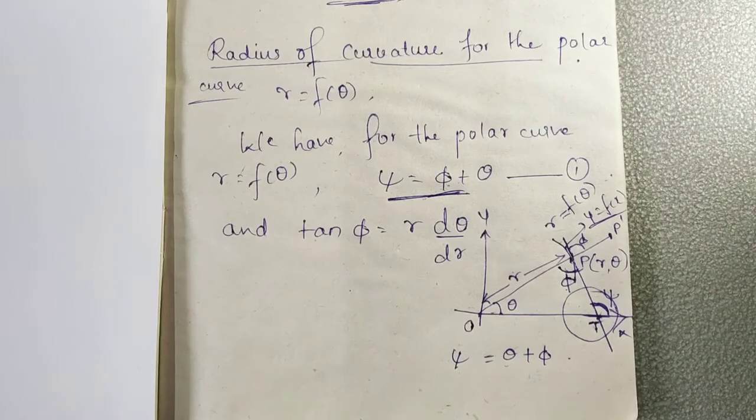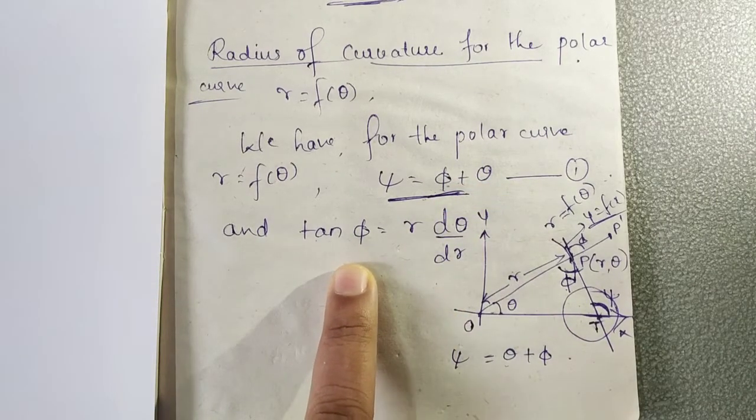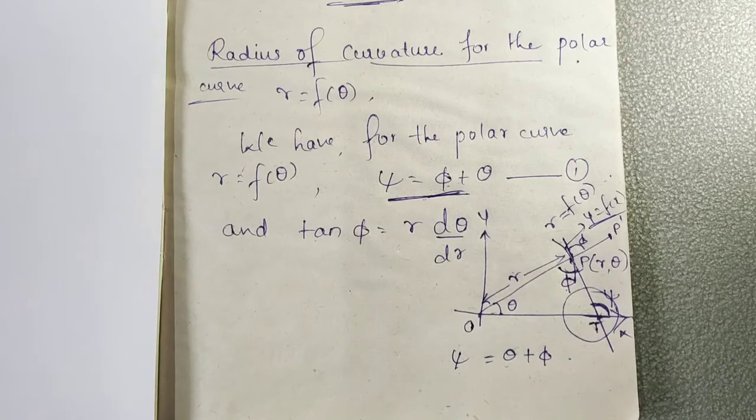Okay. By using this identity, we find the value of tan phi, which is r into d theta by dr. For information only I have given. No need to derive all these in the case of derivation for your examination purpose.